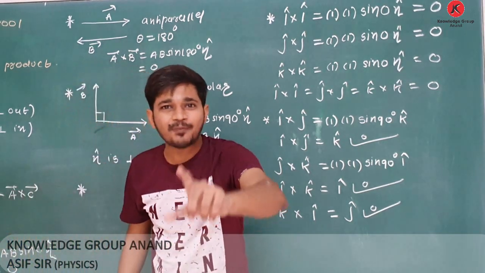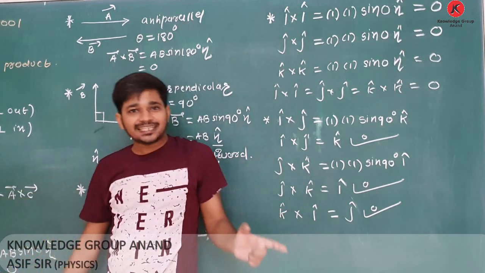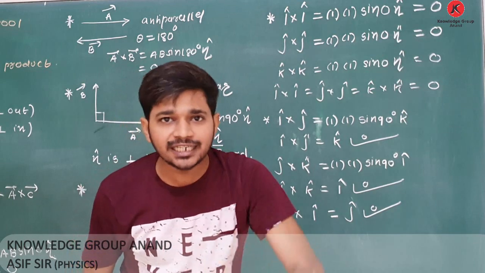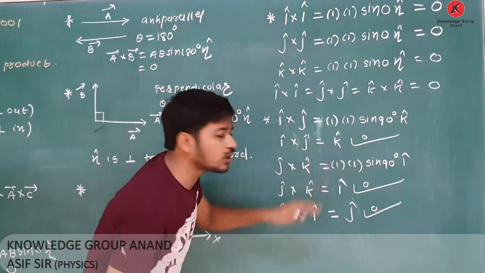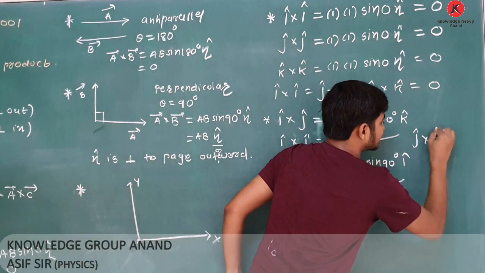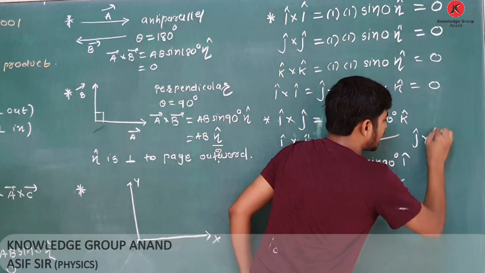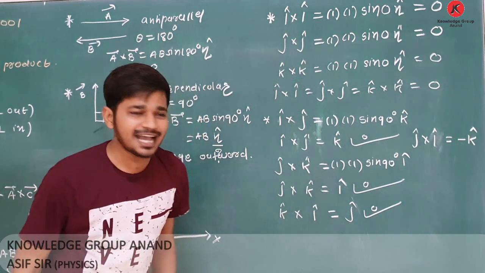Now, what is the first property? A cross B and B cross A are in opposite directions. So if i cross j is equal to k caret, then j cross i is equal to minus k caret, the opposite direction. Clear about this?